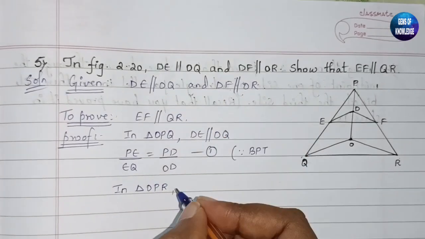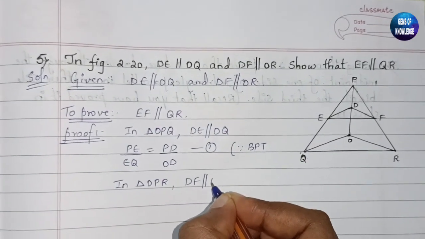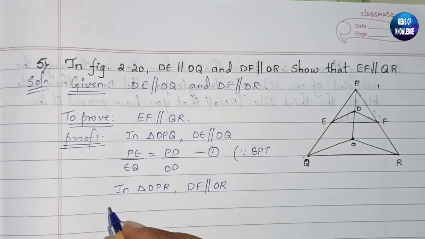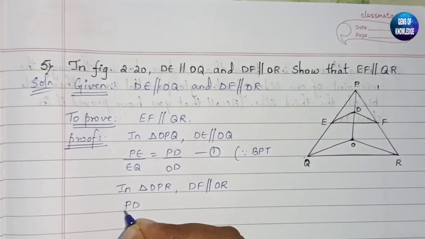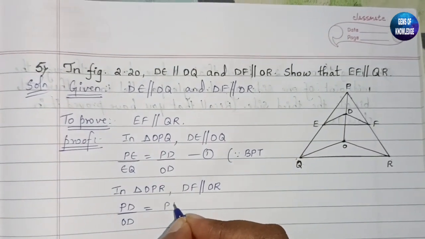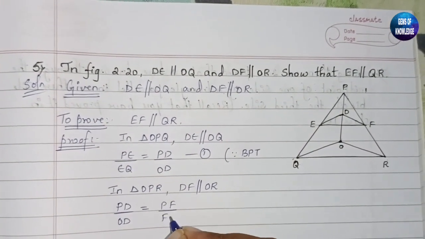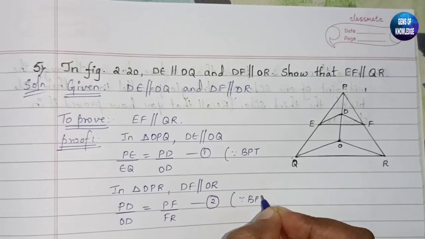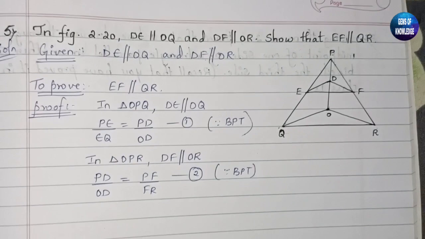Here they have given DF is parallel to OR. Then we can write PD by OD is equal to PF by FR. This is equation 2, since BPT. This is also BPT.